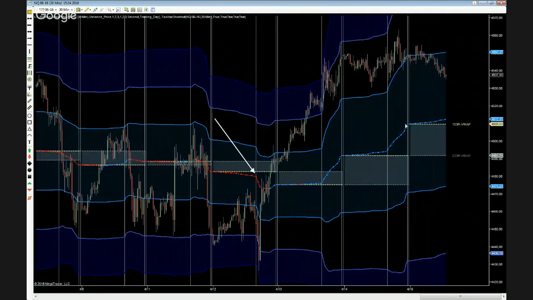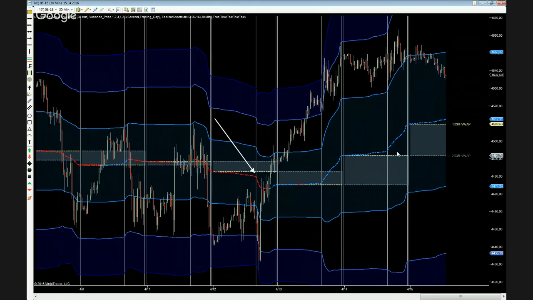And you see here also a value area of the last 2-3 days. This is where the rolling VWAP was closing 2 days ago, and this is where it closed yesterday.